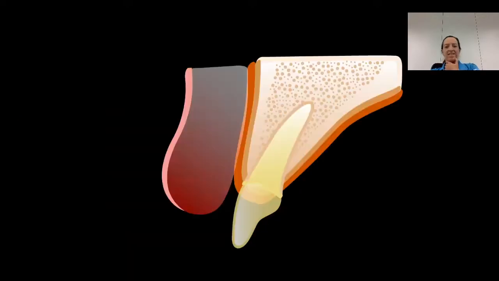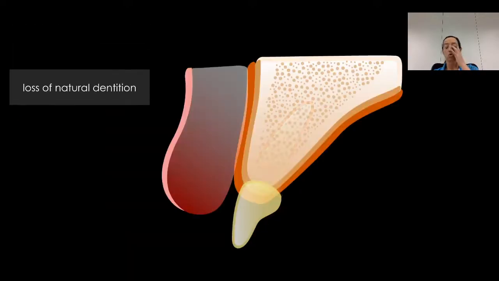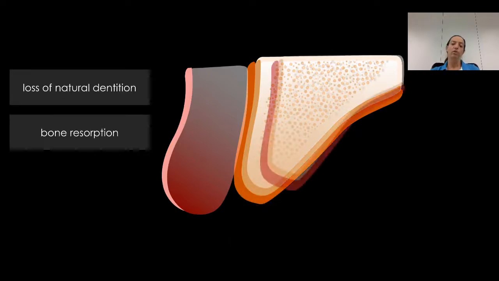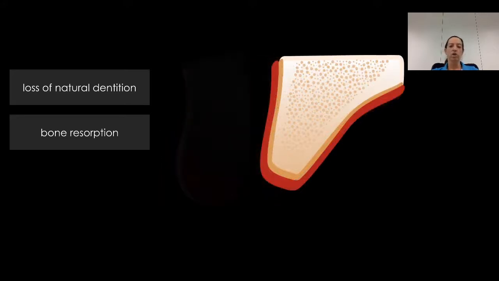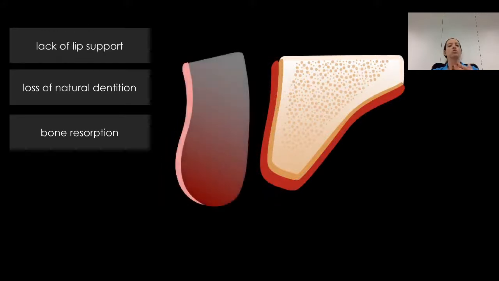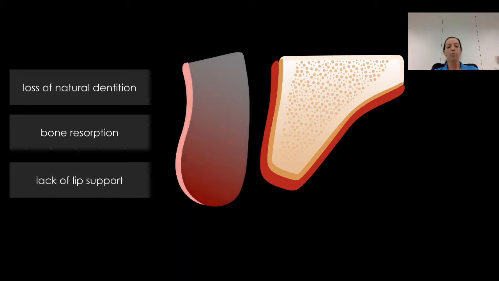What happens is that when the patients start to lose teeth, basically they will have bone resorption, and with the bone resorption, you start to lack the lip support. Now, in order to have a good lip support, again, what can you do?